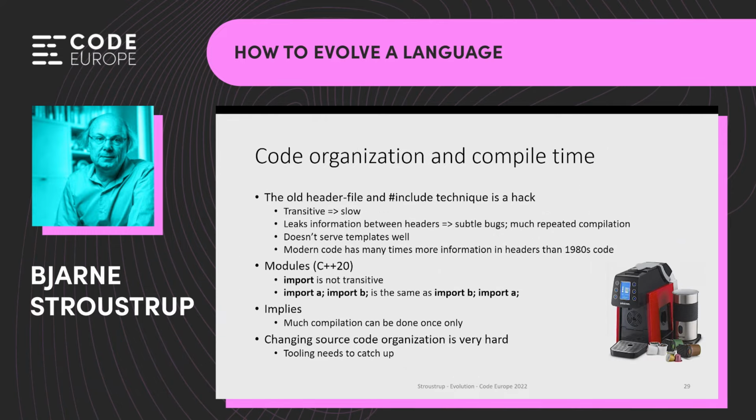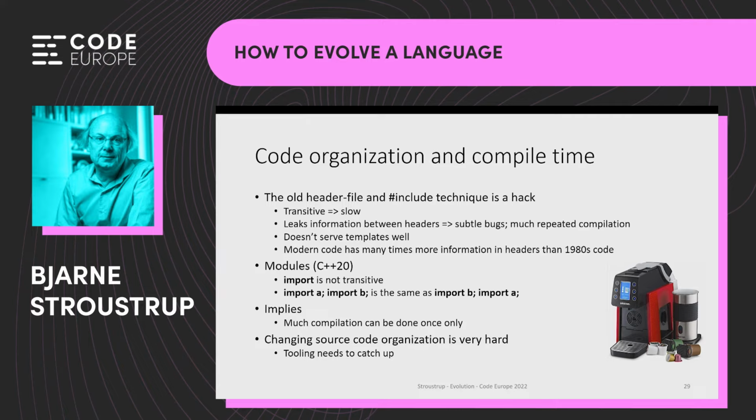Okay, code organization. Now, the old header file and include technique is a hack. It always was a hack, but it was the best that they could do back in the early 70s. And at that time, very little was in the header files. You didn't use header files for every declaration. People copied them into their code, meaning the declarations. And it is transitive.